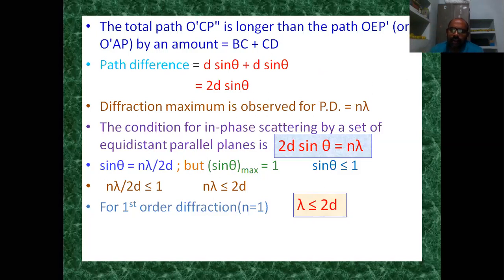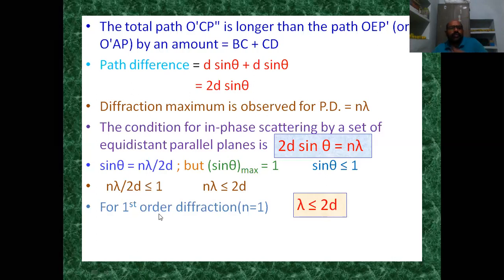From this law, we are going to see, in order to observe a diffraction pattern, what should be the order of the wavelength of X-rays. From this equation, we write the sin theta expression: n lambda by 2d. But we know that the maximum value of sin theta is 1 and the other values are less than 1. Therefore sin theta is less than or equal to 1, so n lambda by 2d is less than or equal to 1, and n lambda is less than or equal to 2d.